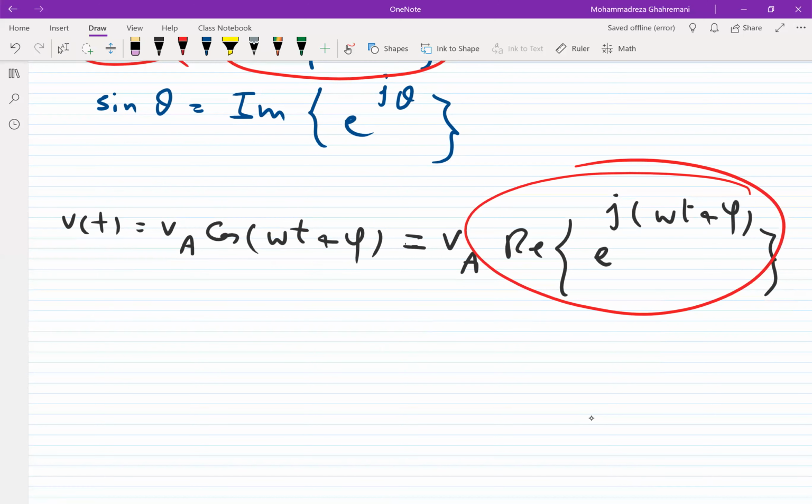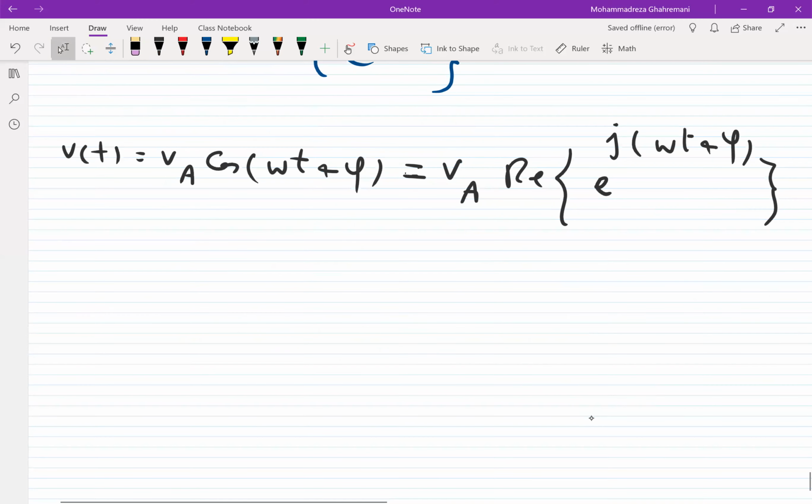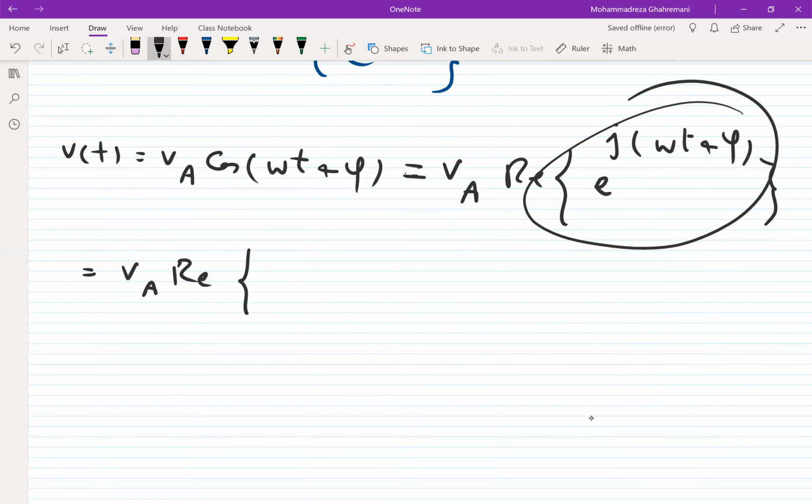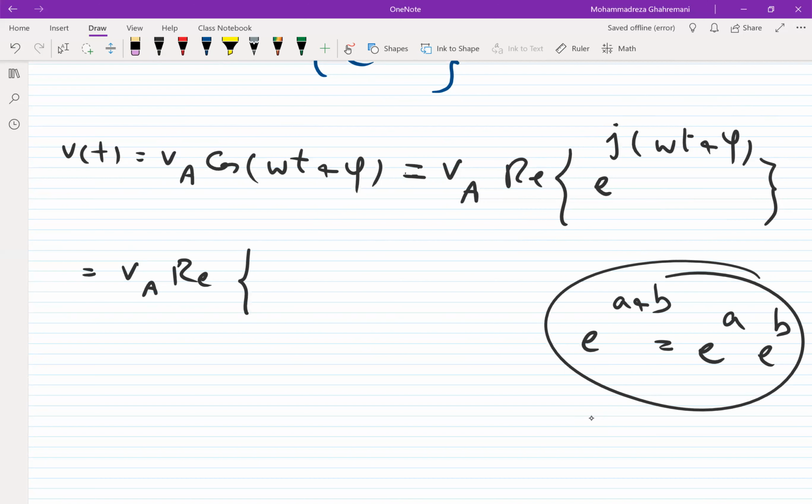Now that we have this relationship, let's split this term into two terms. We know that e to the power of a plus b is equal to e to the power of a times e to the power of b. Let's apply this rule to our equation.